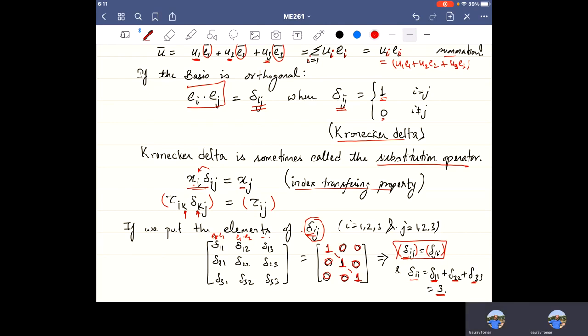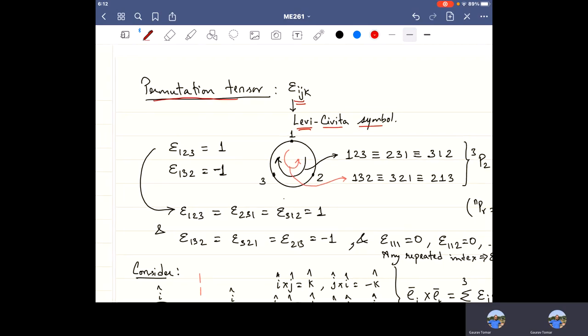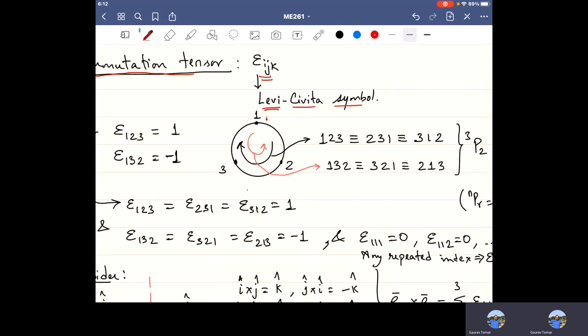Moving forward, an example of a third order tensor is the permutation tensor, epsilon, represented as epsilon ijk, and called the Levi-Civita symbol. Whenever the indices are in order, if you can follow the circle, this is the circle we normally use when we denote i cap, j cap, k cap for the cross product, and therefore epsilon appears in a lot of cross products, as we will see.